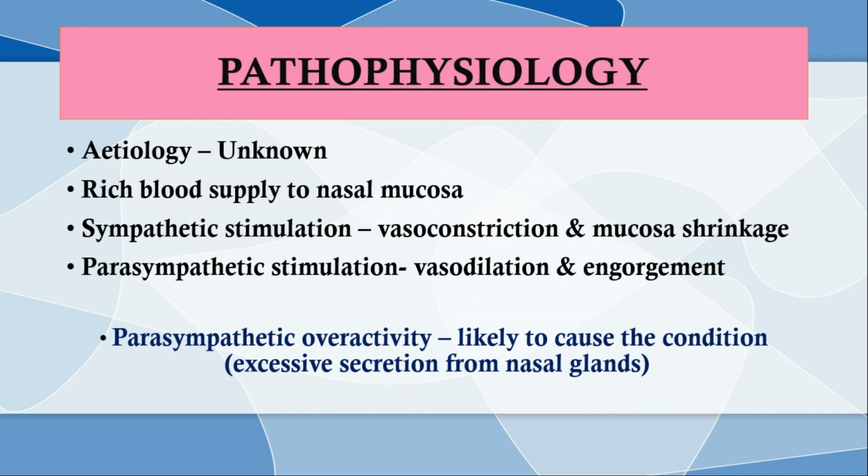There is sympathetic stimulation, which causes vasoconstriction and mucosal shrinkage, and there is parasympathetic stimulation, normally, which causes vasodilation and engorgement. Now, in vasomotor type of rhinitis, parasympathetic overactivity leads to the condition. It leads to excessive secretions from the nasal glands.